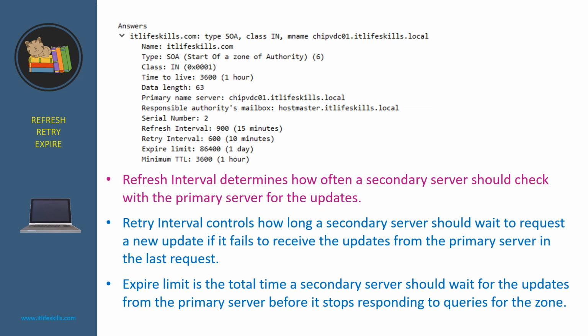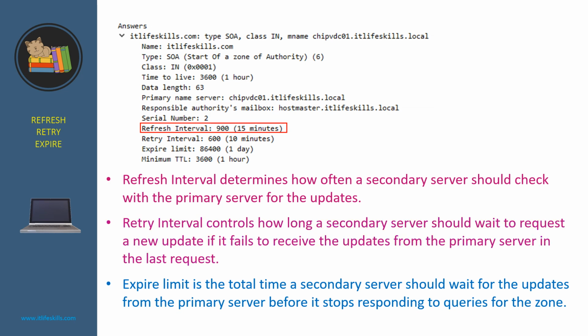Refresh interval determines how often a secondary server should check with the primary server for updates. So in this example, OPVDC01 queries GPVDC01 every 15 minutes for the SOA record to see if there is a change in the zone itlifeskills.com.